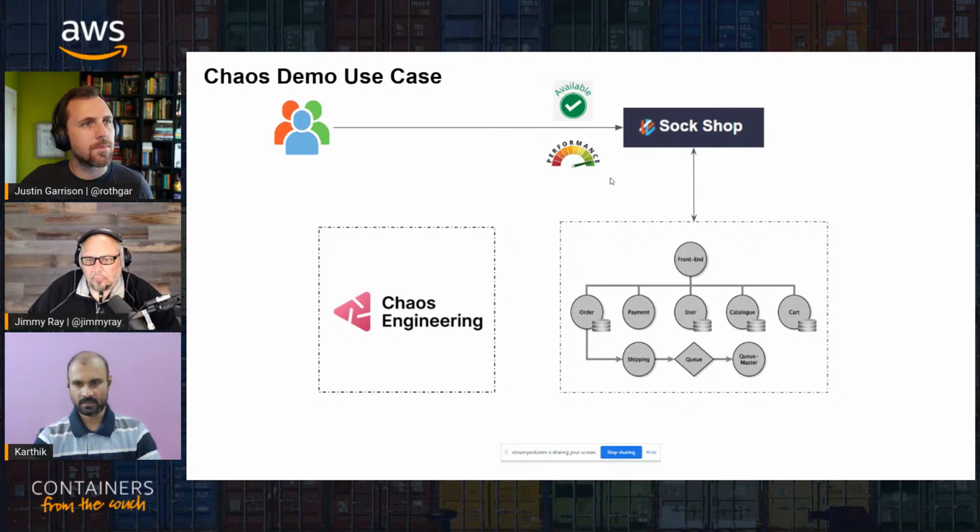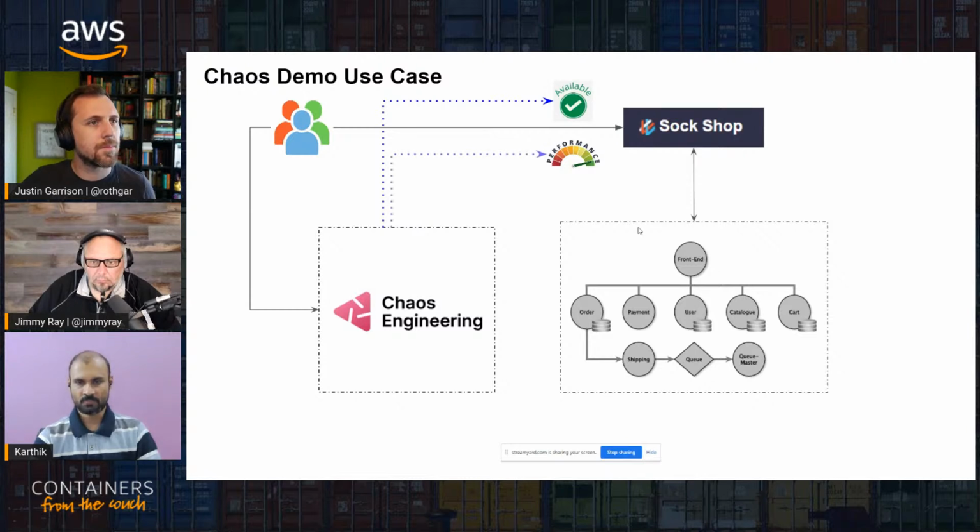And in our case, we're actually going to inject a failure on one of the pods, the catalog pod. The catalog microservice is the one that's powering the sock catalog. So as an SRE, I'm going to run a sample scenario where we kill a catalog pod, and we see what happens to my availability and performance.